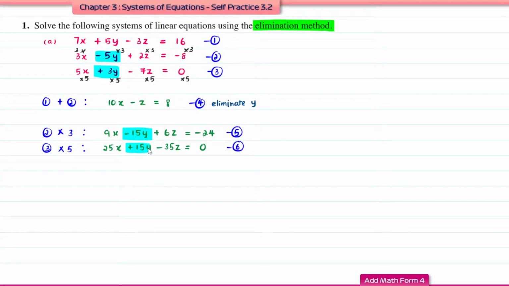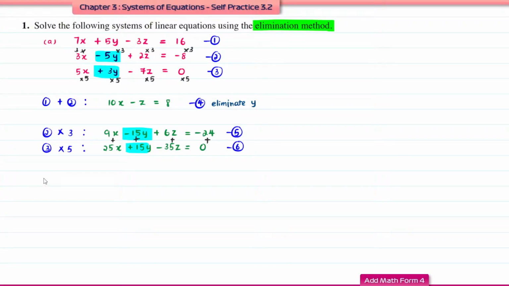Now look at the variable y for equations 5 and 6. To eliminate it, I'm going to add these two together. So negative 15y plus 15y will be equal to 0. For the rest of the terms, we're going to add them as well.